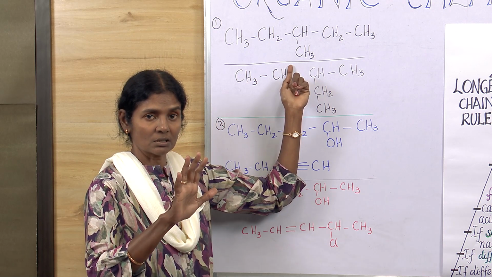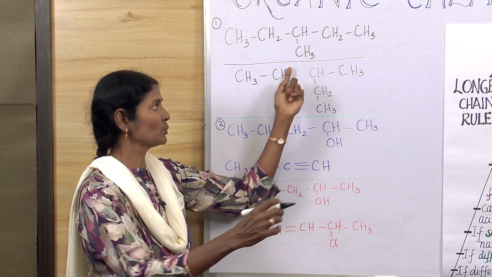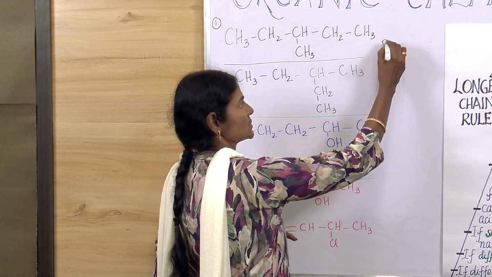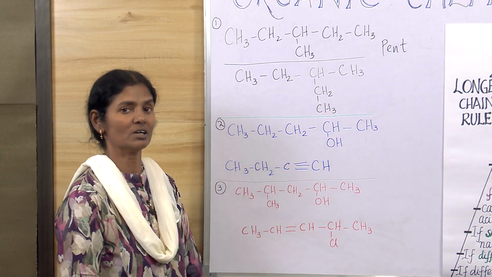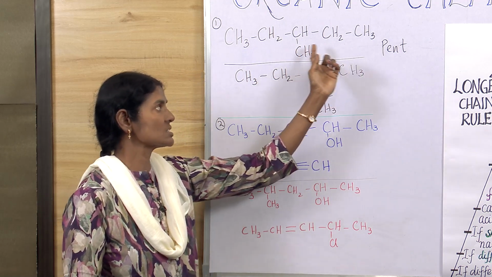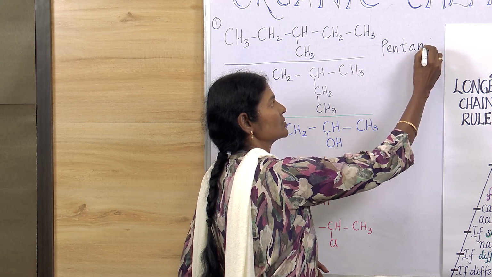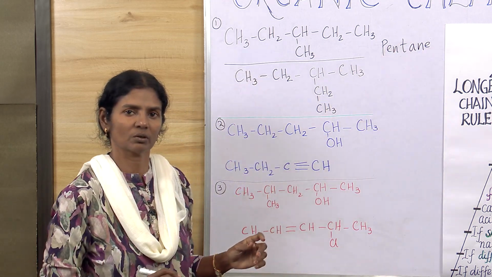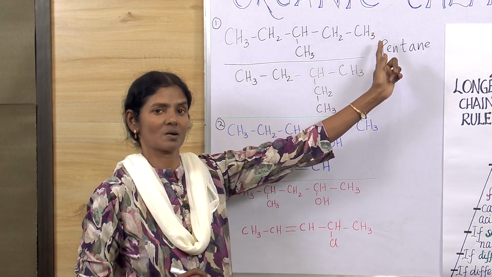So which is longer? 5. Therefore, the root word would be pent. That is how we fix the root word based on the longest chain. Of course, it is single bonded, therefore it would be pentane. But pent comes because this way it is the longest.